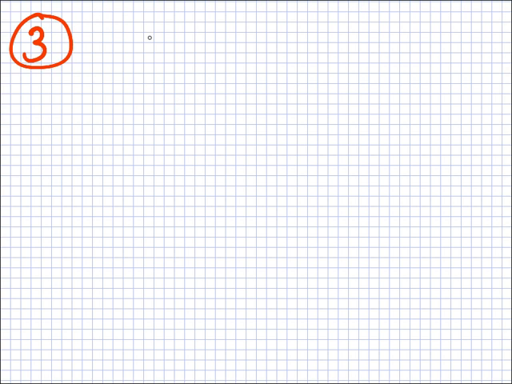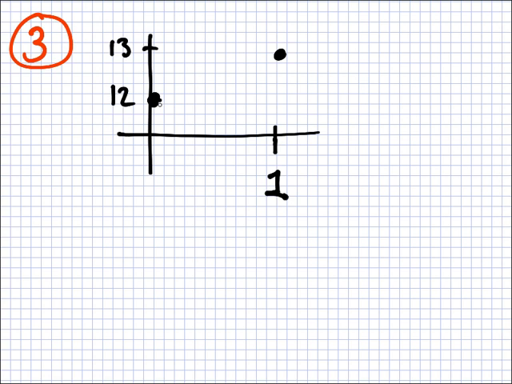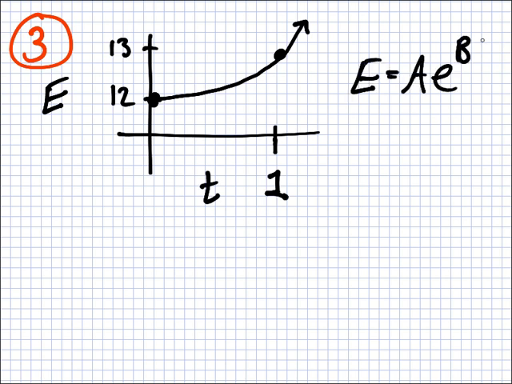So you went from having 12 megawatts, and then a year later the town increased to 13 megawatts a day. You're assuming it's going to be exponential, so the formula, what letter would I call this? E and t. So energy will equal A e^(bt).